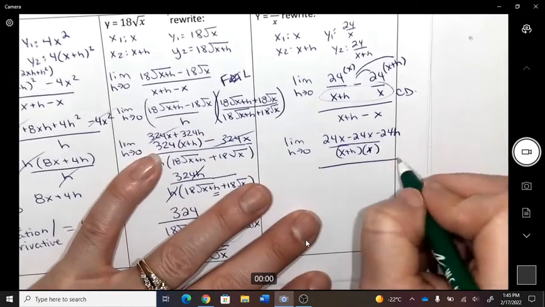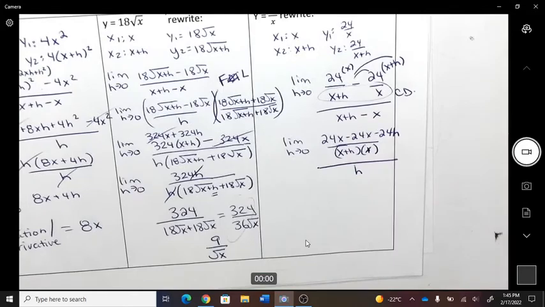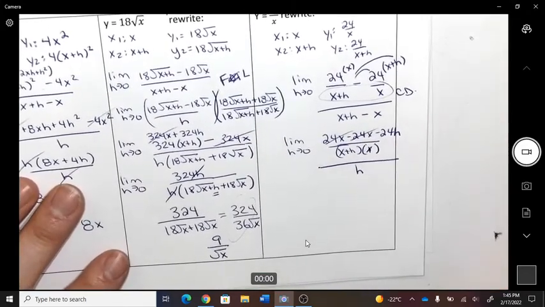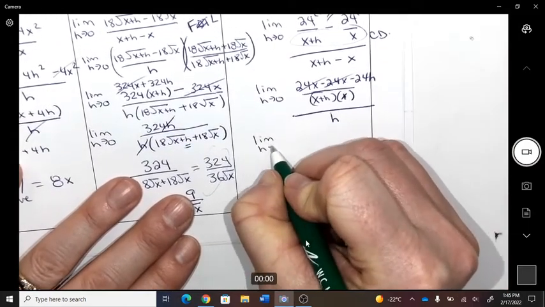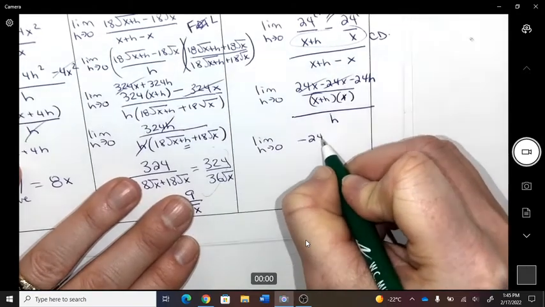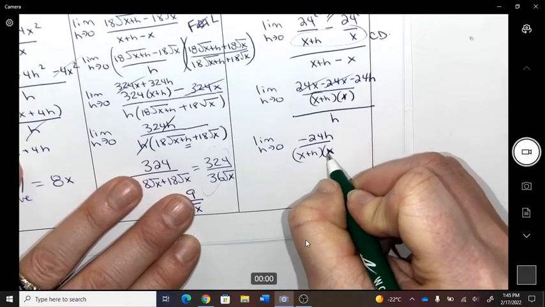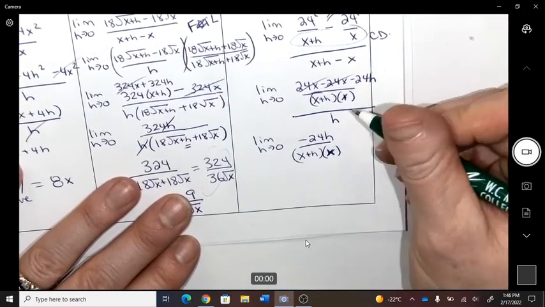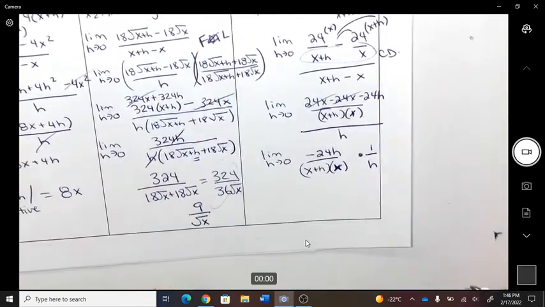And then, don't forget, it's all over h, right? Because the x is gone. Okay, so these are going to disappear. So negative 24h over all that. And then, instead of dividing by h, I'm just going to rewrite it as a times 1 over h. You don't have to, but I just like to do that.